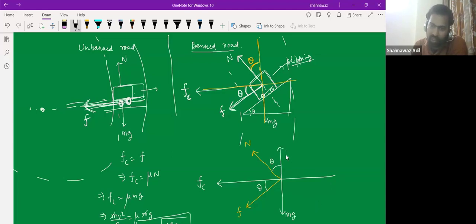This would be N cos theta, and this would be N sin theta. Then we have friction F, which also has two components. One is F sin theta, and the other one is this one. Where should I write this?